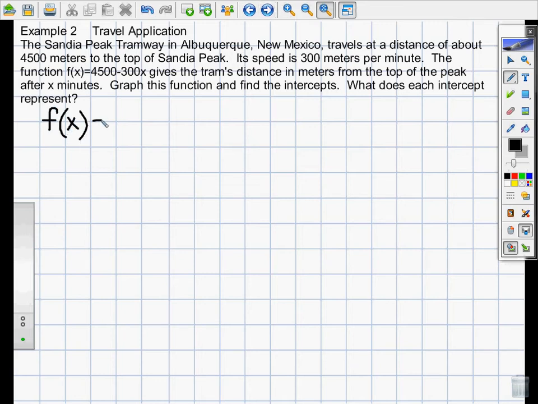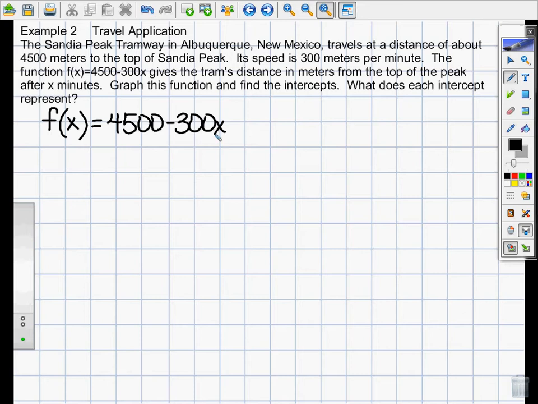F of x equals 4,500 minus 300x. Those are rather large numbers. And when I see a problem like this, I am thinking to myself, hey, let's graph the intercepts. That's why I had you review example 1, review example 3 first, so that I can show you in this example how to rearrange the equation and then use the intercepts to graph our line, okay?